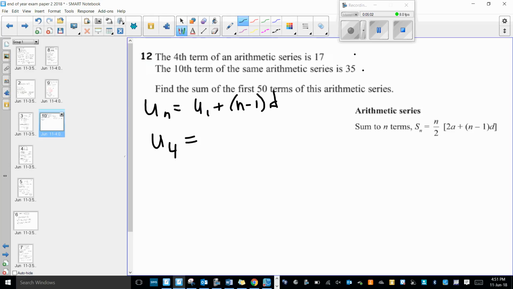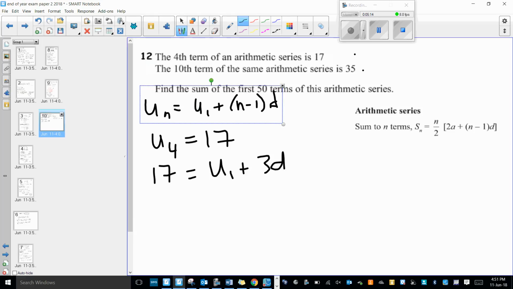So U4 is 17, so 17 would be equal to U1 plus 3D. And because we know that U10 is 35, we know that 35 is equal to U1 plus 9D. We've then got simultaneous equations.